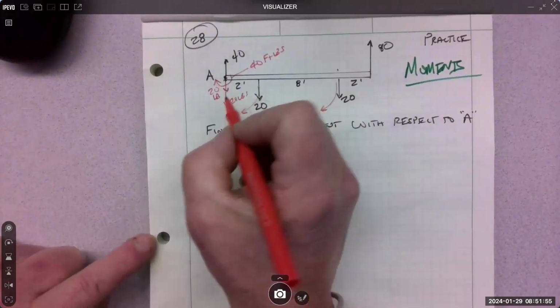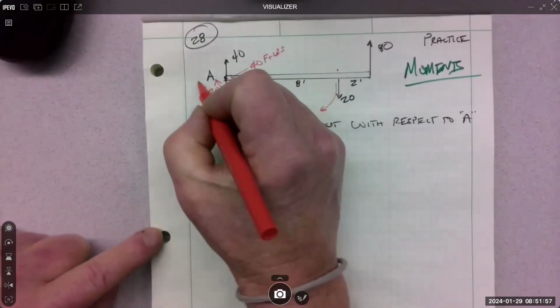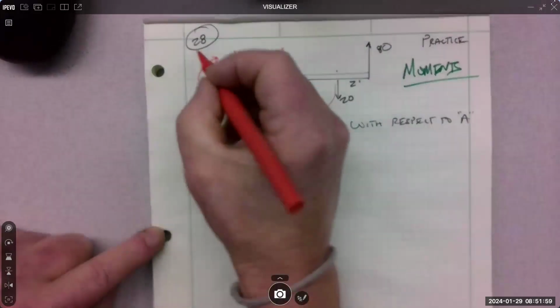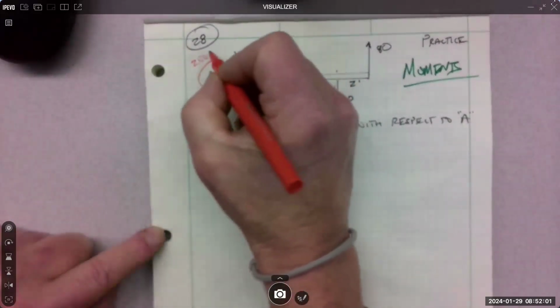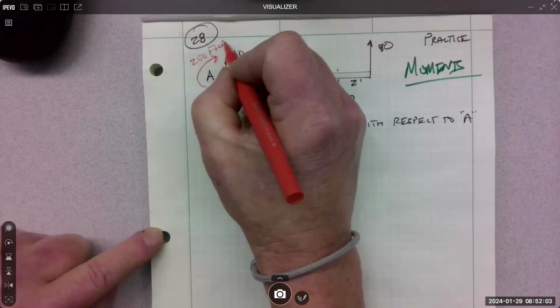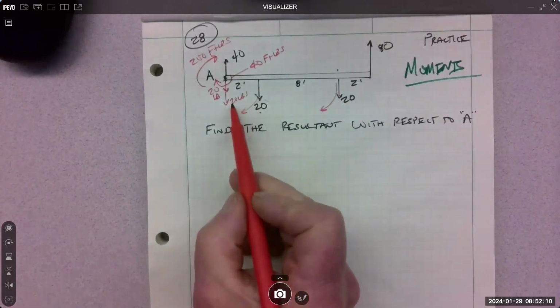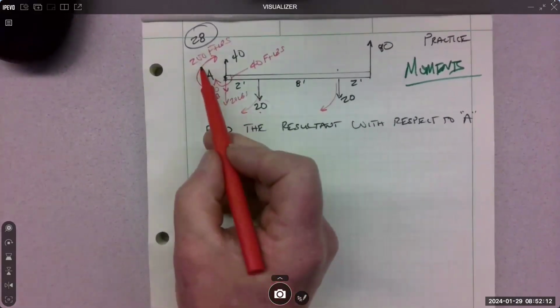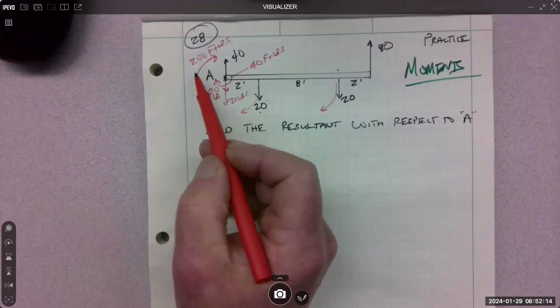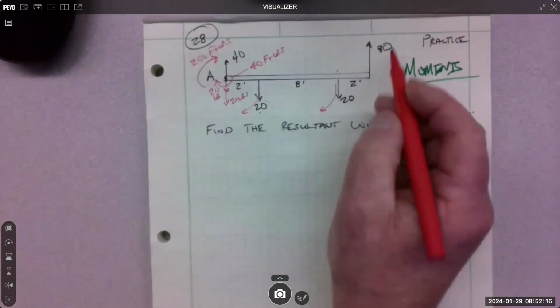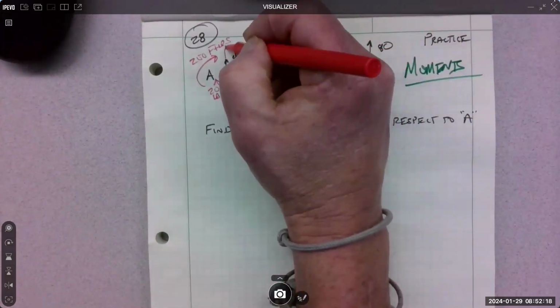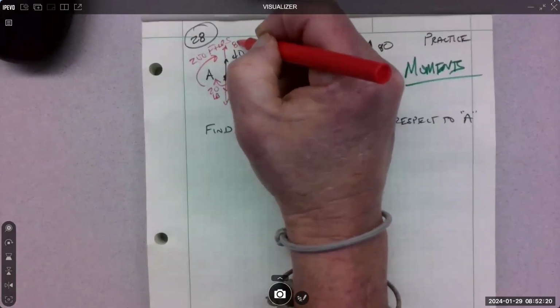So this is a bigger one. It gets really busy, so I just put it up here: 200 foot-pounds, 20 times 10. So here's the force, I brought it over. Here's its moment, brought it over. Now I need the 80. So another 80 pounds.